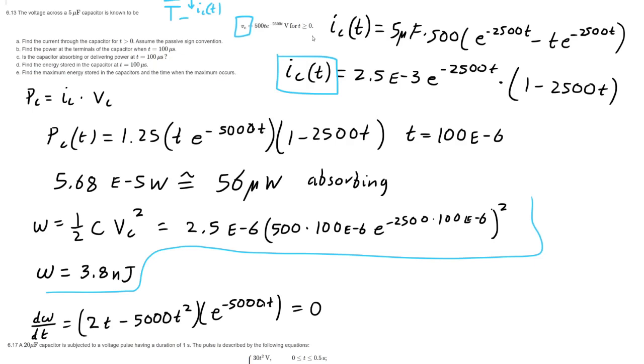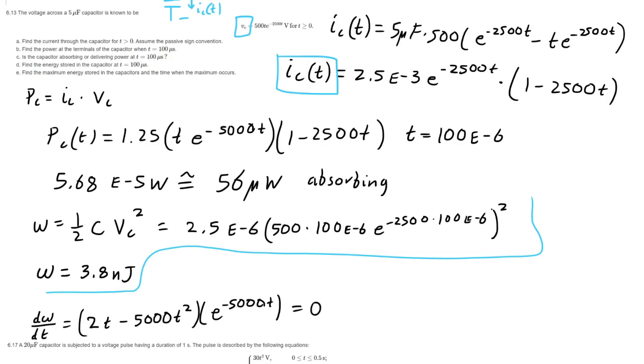Let's not worry about the exponential, because the exponential is only going to be 0 at infinity, and we don't want that. We want to find the point where there's the maximum. It's definitely not at infinity, as you can see, because it's discharging towards infinity.